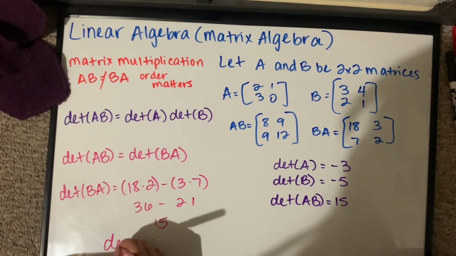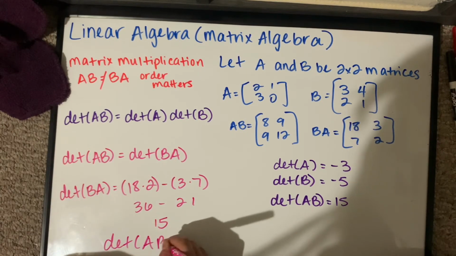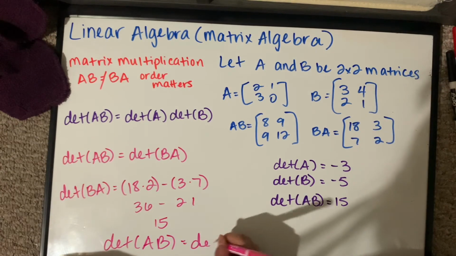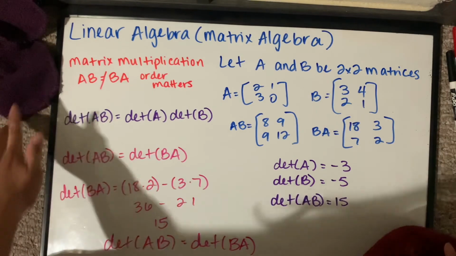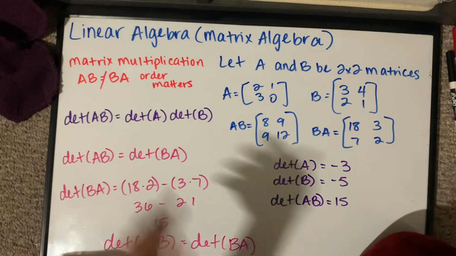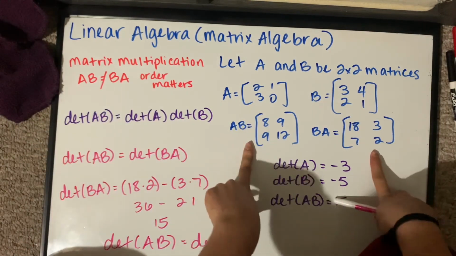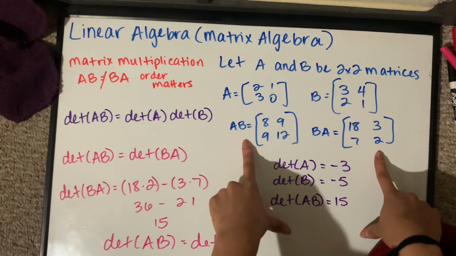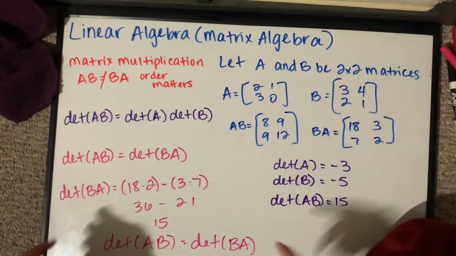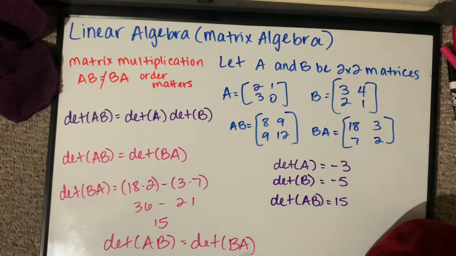And that is awesome. Because they drill into your mind like that order matters here. We see this. But order doesn't necessarily matter when it comes to their determinants. The products will always be different, but the determinants will always be the same.